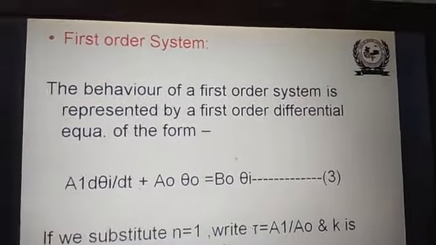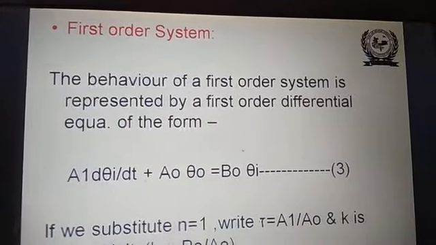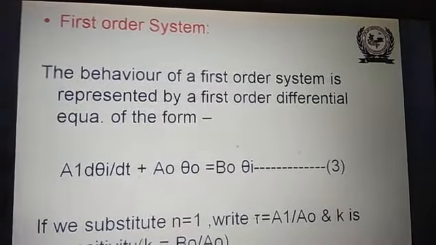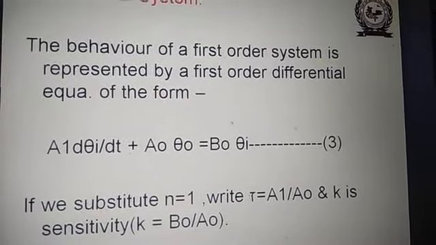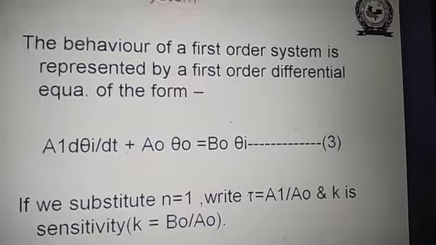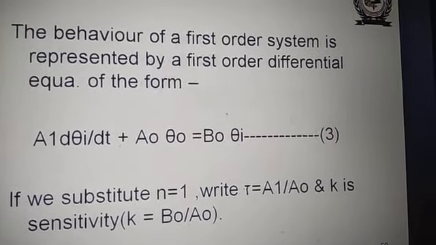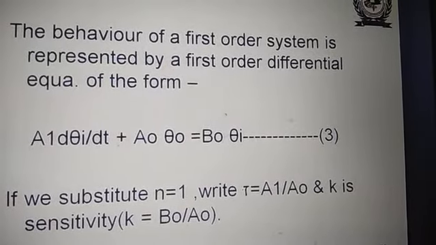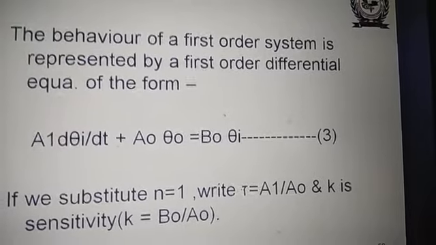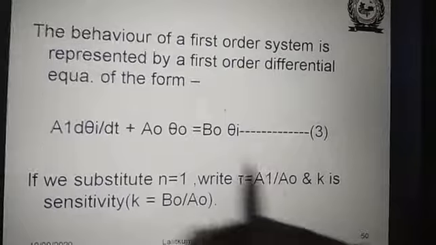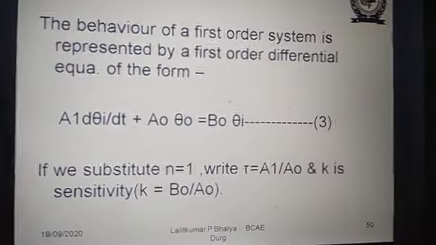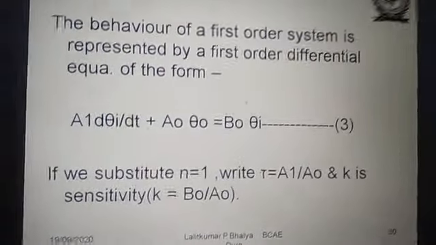Now the first order system. The behavior of the first order system is represented by a first order differential equation of the form a1 into d theta naught by dt plus a naught into theta naught is equal to b naught into theta I. Or in terms of the Laplace variable, the power of s should be equal to 1 for the first order system.